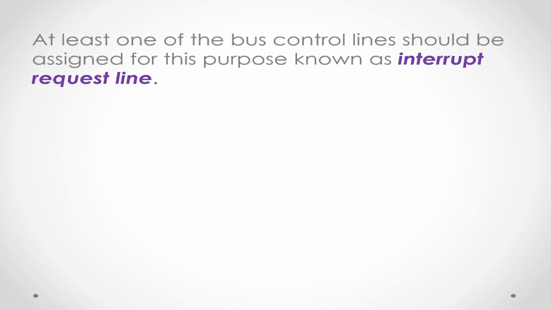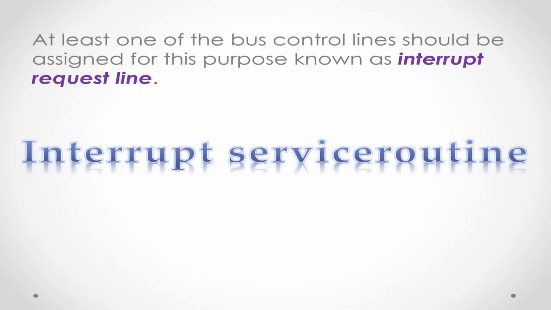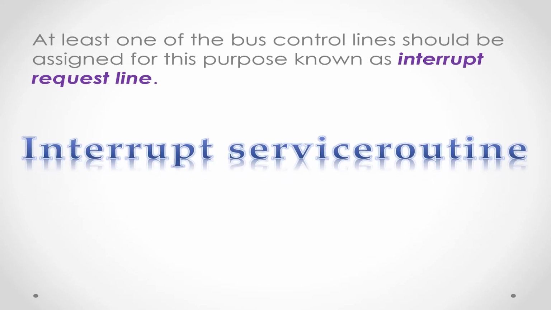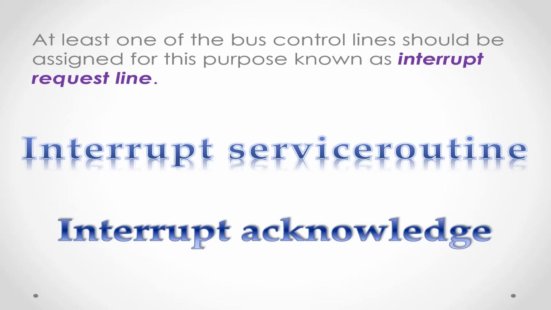At least one of the bus control lines should be assigned for this purpose, known as interrupt request line. Whenever an interrupt request is initiated, an interrupt service routine is initiated. On the other hand, the processor must send an interrupt acknowledge signal to the device to inform that its request has been recognized so that it may remove its interrupt request signal.